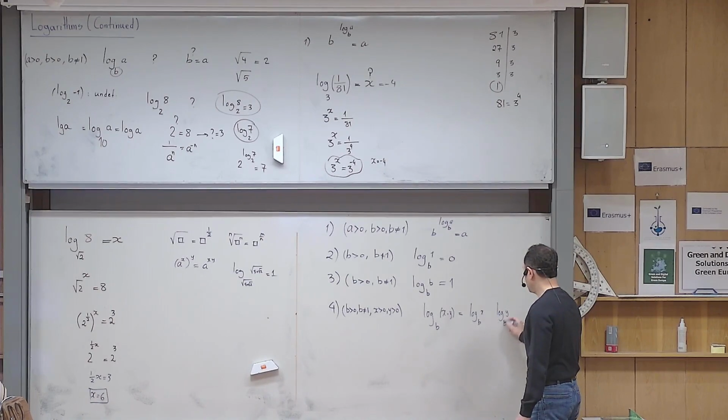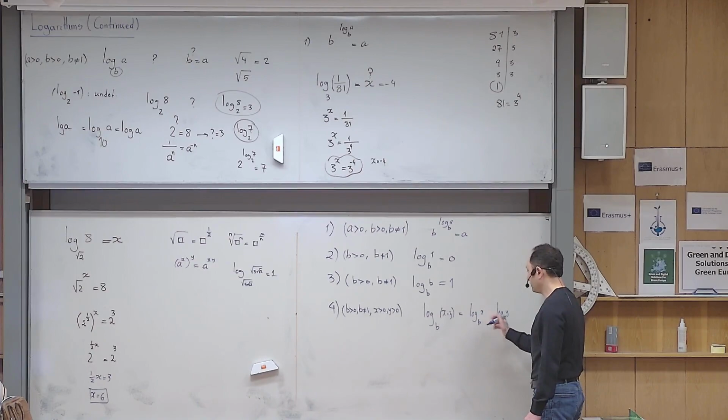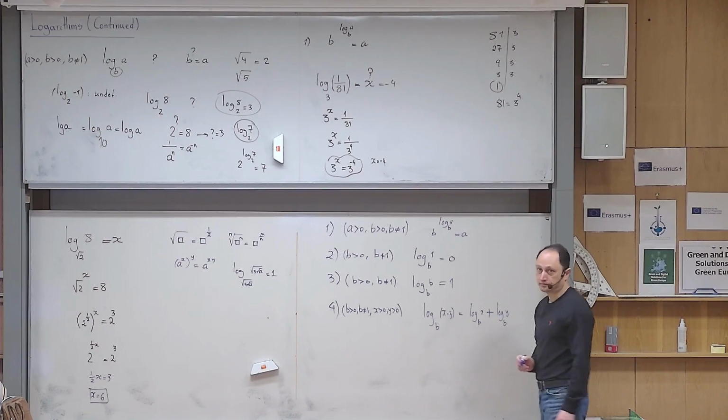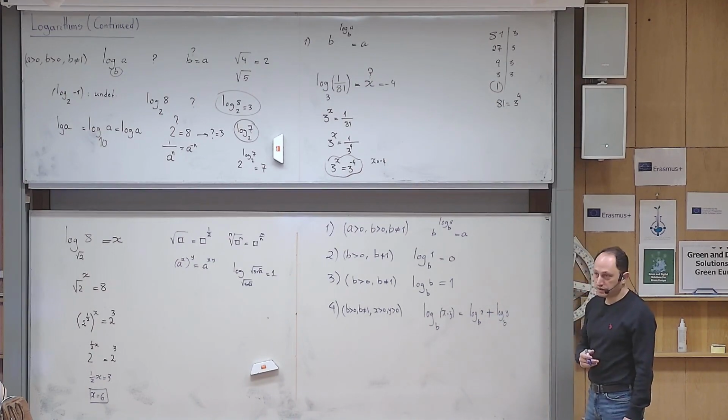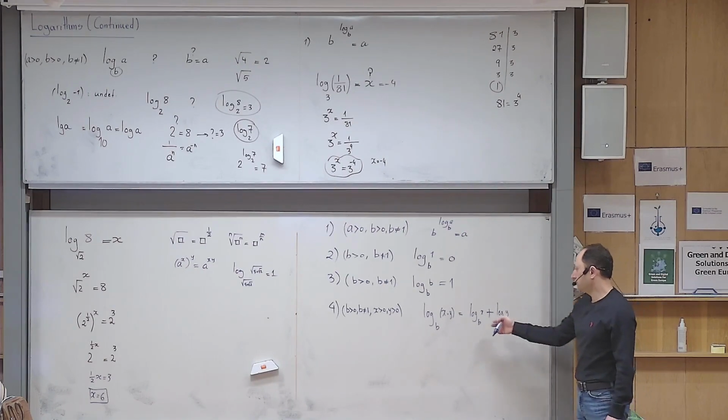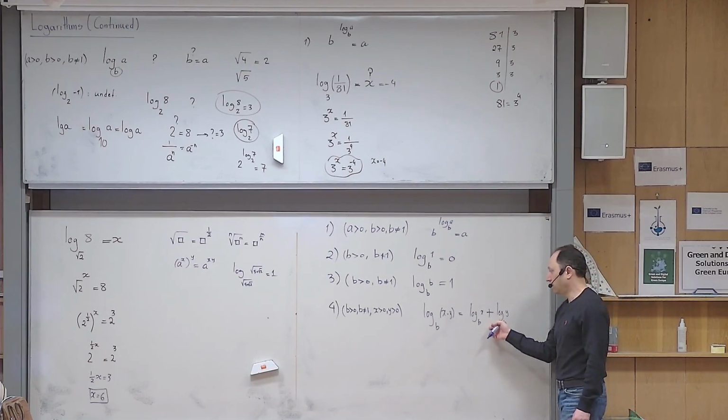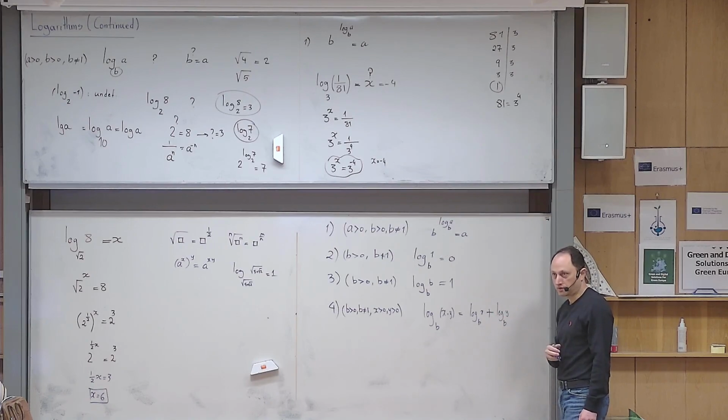But the interesting thing is you don't multiply them, you add them. I don't want to repeat that lesson from the beginning. If you are interested to see why, I proved this relation for you there. I'm just reviewing things. So that's one of the most fundamental theorems for logarithms.